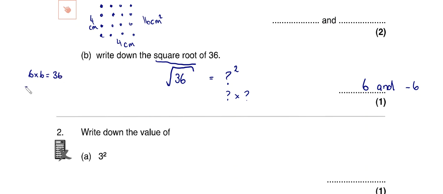But also, negative 6 times negative 6 does equal positive 36 as well. I'm not going to be so worried if you don't do both answers. You might get extra credit, but you won't lose any credit if you don't say it.